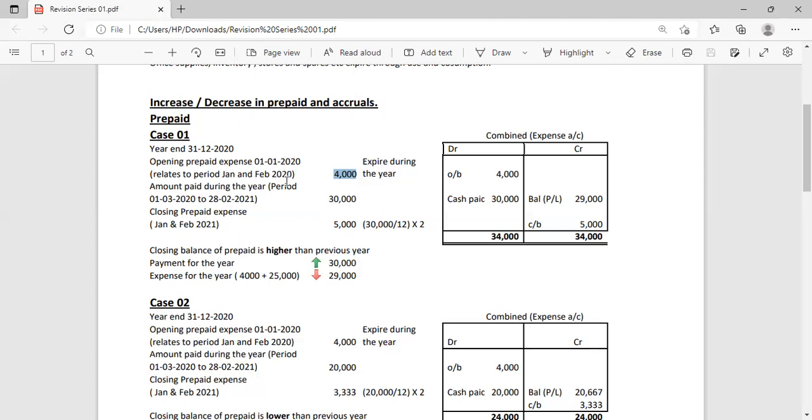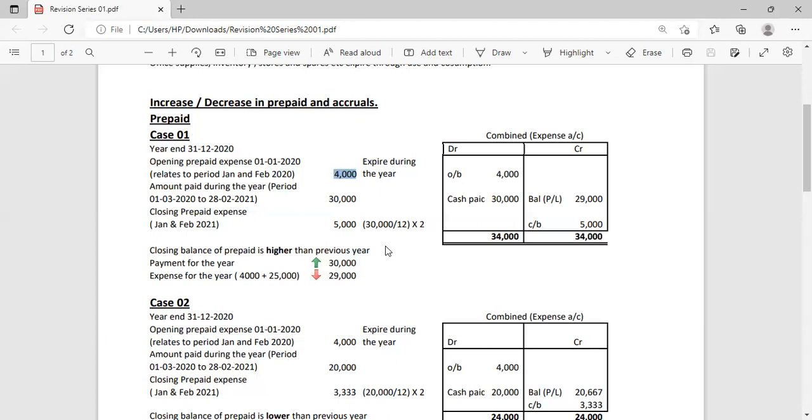but you can see that 4,000 relates to the current year, and during the year, the amount was paid for the period 1st March 2020 to 28, right? You have paid another amount during the year. In this case, there is a difference.